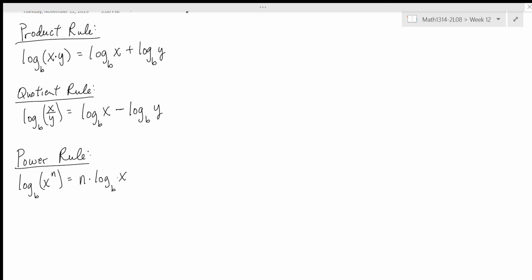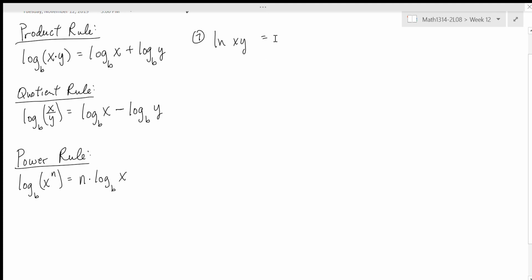Okay, and so now we need to look at examples. We're going to start with number 7. Problem number 7. We've got the natural log of xy. Now, which one of these properties is demonstrated here?